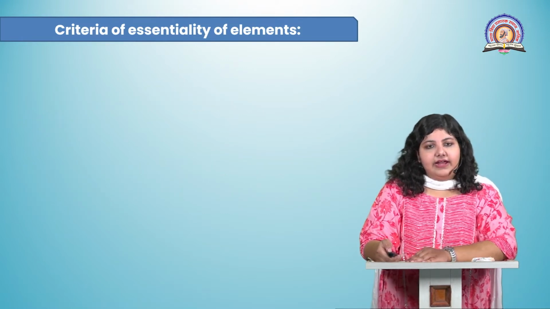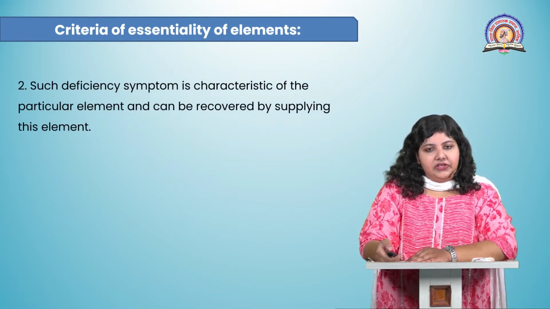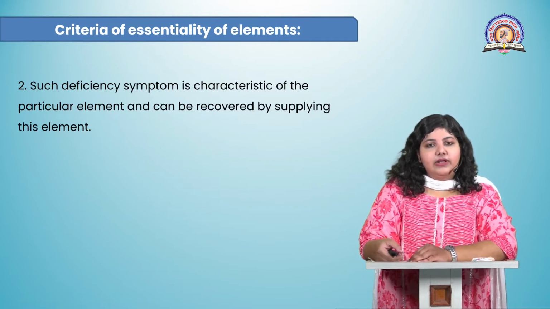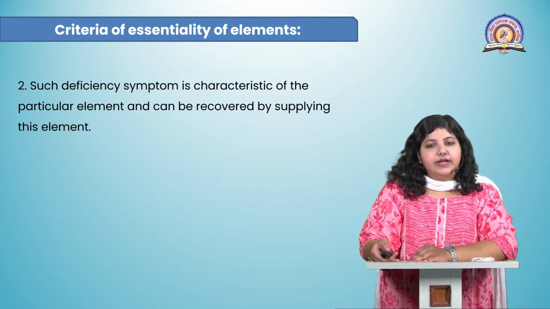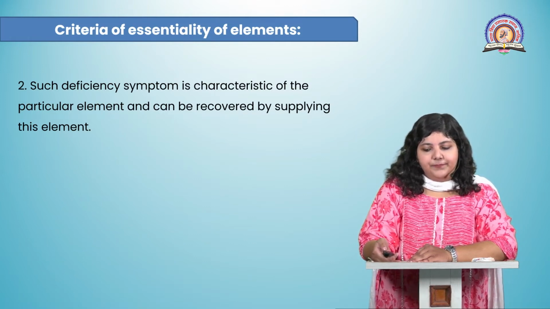Let us see the second criteria. Such deficiency symptom is characteristic of a particular element and it can be recovered by supplying this element. For example, a particular element will lead to a particular deficiency symptom, and that deficiency symptom can be recovered if artificially we supply the plant with that necessary nutritional element.